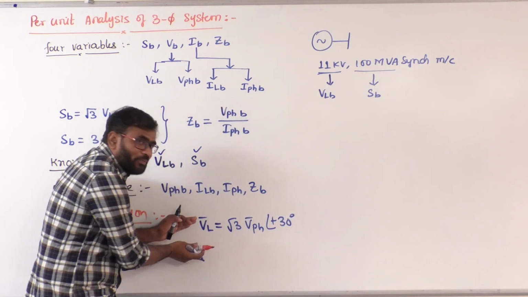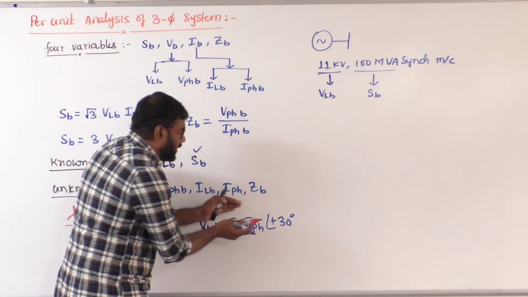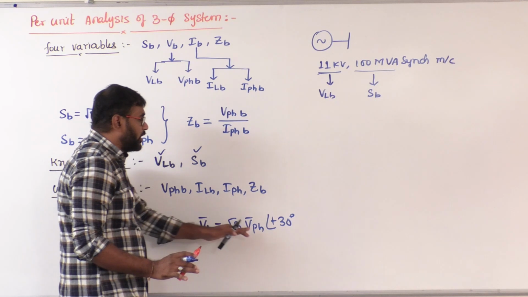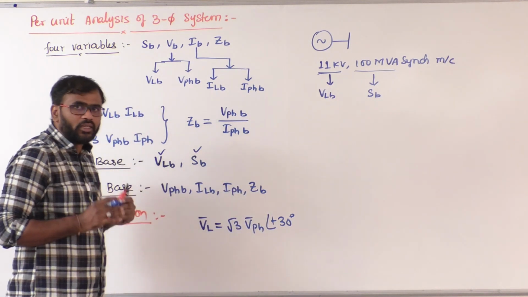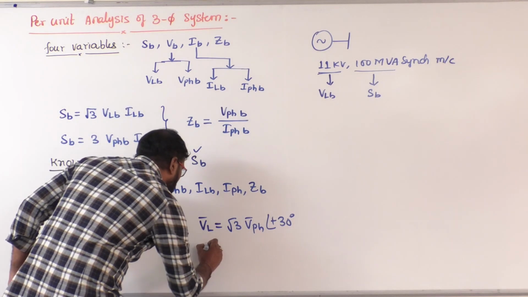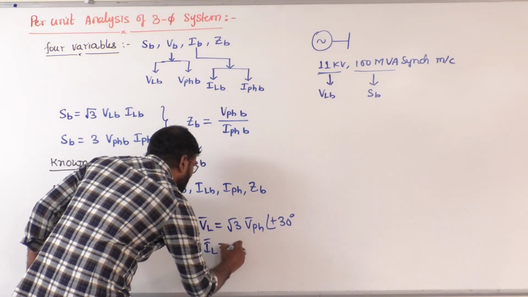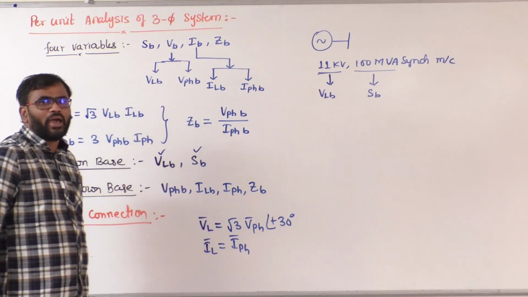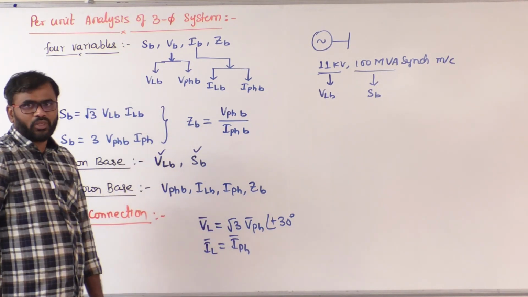The magnitude of the line voltage is √3 times the magnitude of the phase voltage, but line voltage leads the phase voltage by 30 degrees. That's the meaning of this. We know this fundamental already. So, what is line current? That is equal to phase current.